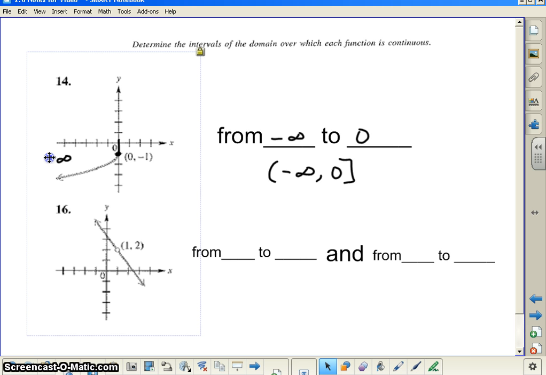On the next one, you can see right here that there's an open part of the graph. So we're going to have two or a joined interval. So from negative infinity to 1, and then from 1 out here to positive infinity.